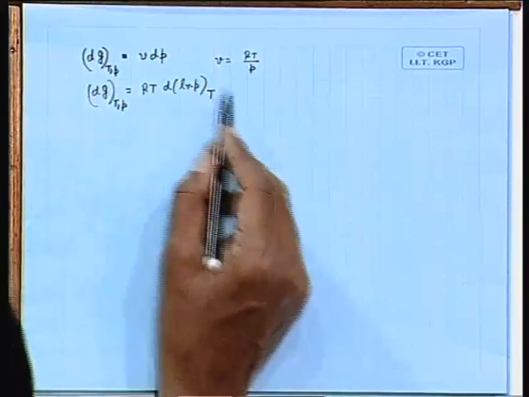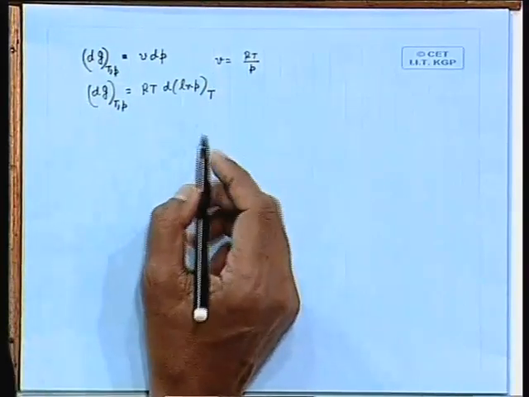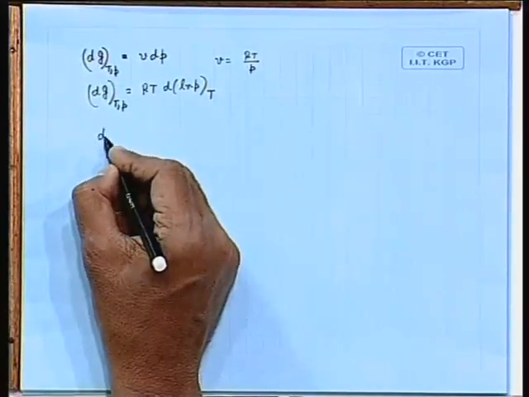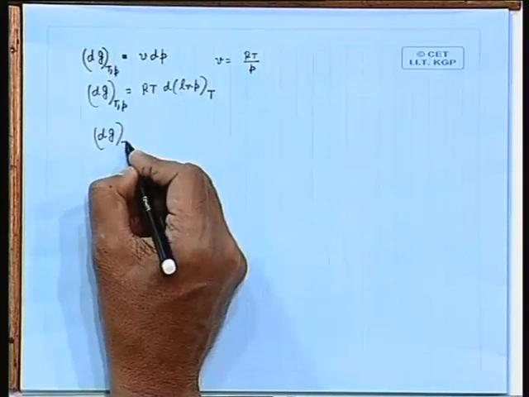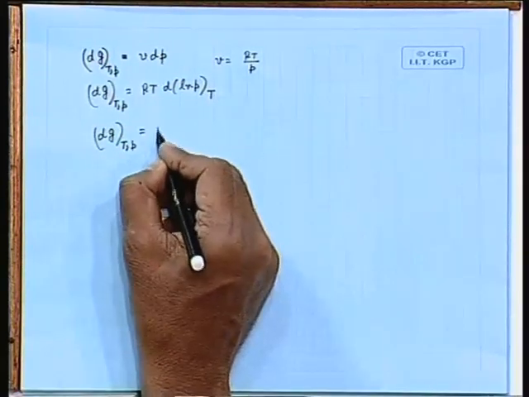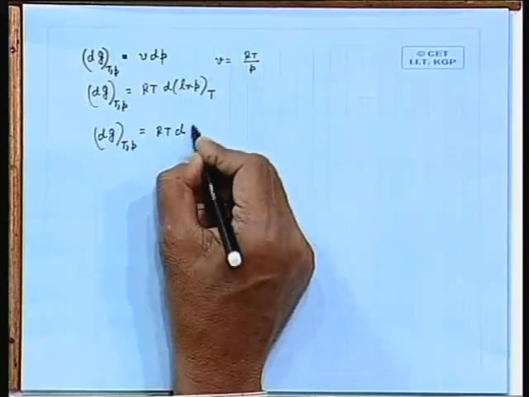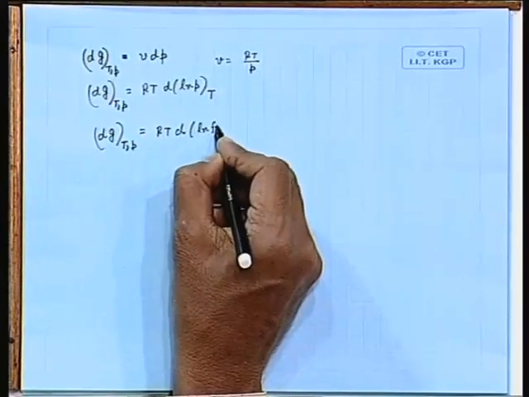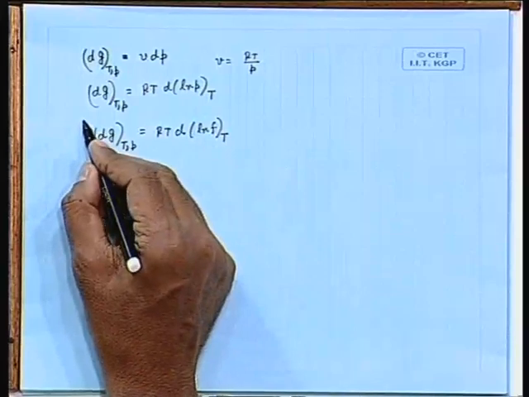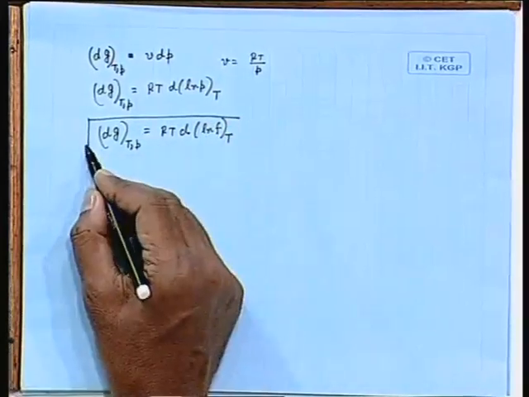Now, for any other substance which is not an ideal gas, we can write a similar expression with f, the fugacity, instead of pressure. So, this equation itself defines the fugacity.